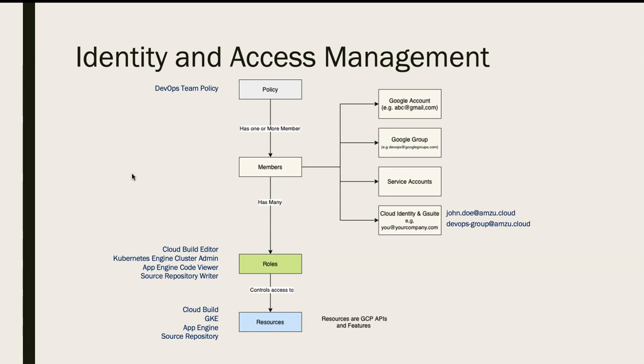For example, I'll be giving different roles to the DevOps team, like Cloud Build Editor, Kubernetes Engine Cluster Admin, App Engine Code Viewer. We'll see more about the roles in the following lectures as we go through different resources and features. And resources are nothing but Cloud Build, GKE, App Engine. These are all the features available from Google Cloud.